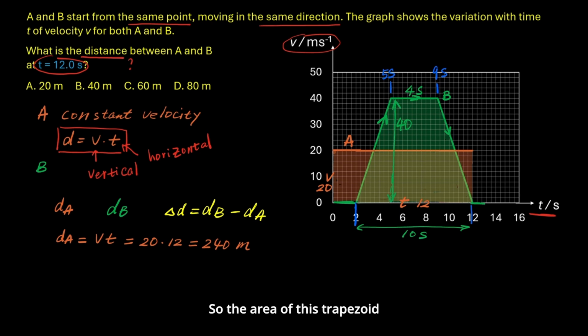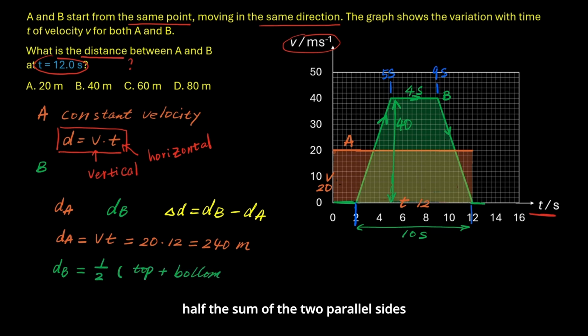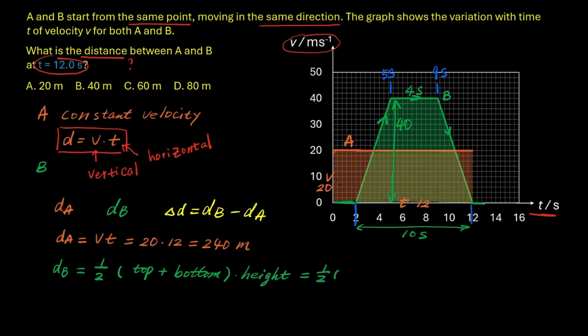So the area of this trapezoid, or the distance that B travels, dB equals half the sum of the two parallel sides times the height. So it equals half of the top is 4 seconds plus the bottom is 10 seconds. Then multiplied by the height, which is 40 meters per second. And this gives us 280 meters.